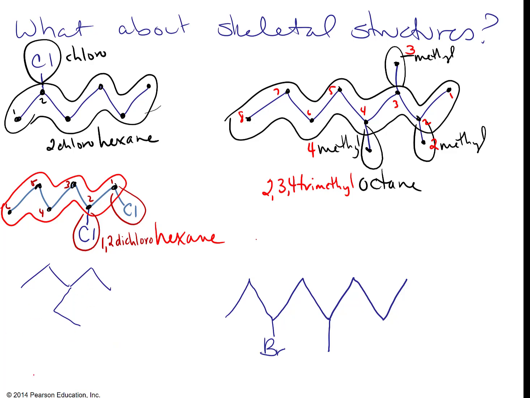Okay. So what's the longest one in that one? Where did you go? So you just went straight 1, 2, 3, 4, 5. You went that way, and then I counted that way. But then we've got these. So when you count, do you see that you could have gone this way?